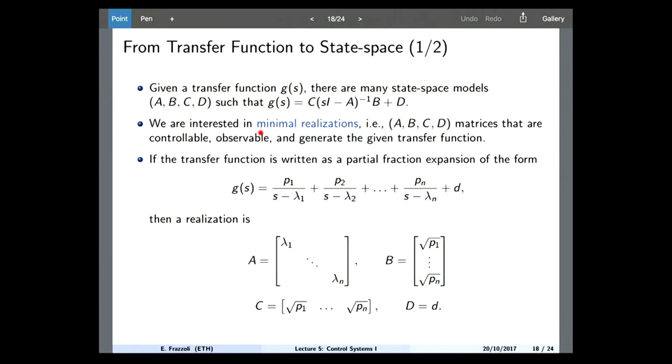In particular, what we want to have is an A, B, C, D model that is as small as possible. Okay? So if the degree of the characteristic polynomial is n, what do you think should be the dimension of the matrix A? It should also be n, okay?